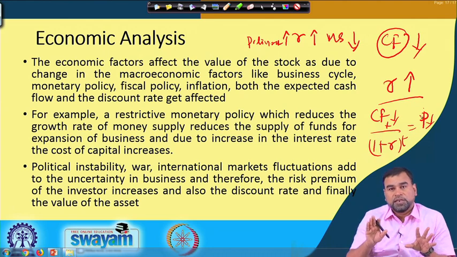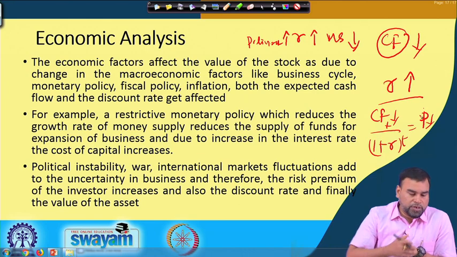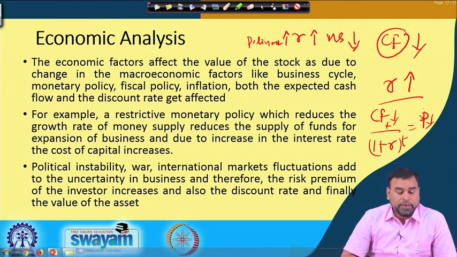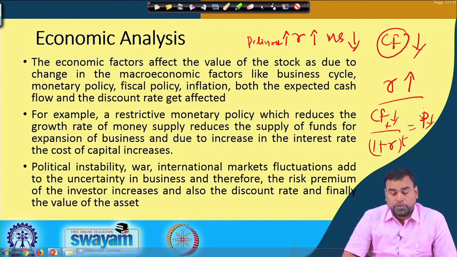That is what we are trying to discuss. Here I have given you, for example, a restrictive monetary policy which reduces the growth rate of the money supply, reduces the supply of funds for expansion of business, and due to the increase in the interest rate, the cost of capital increases. If the cost of capital increases, it means the discount rate increases, and obviously the value of that particular asset goes down.